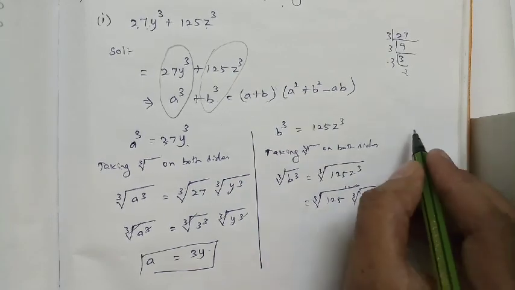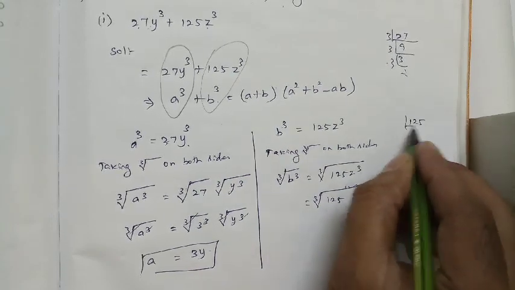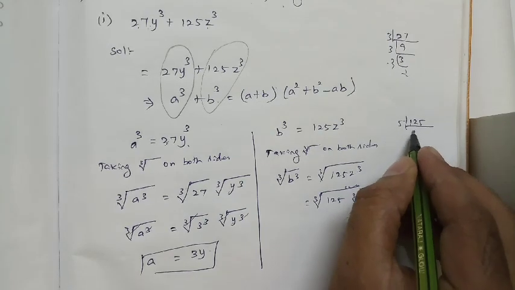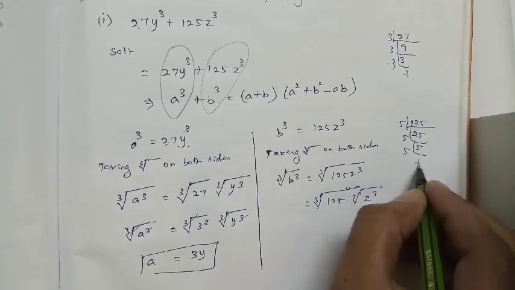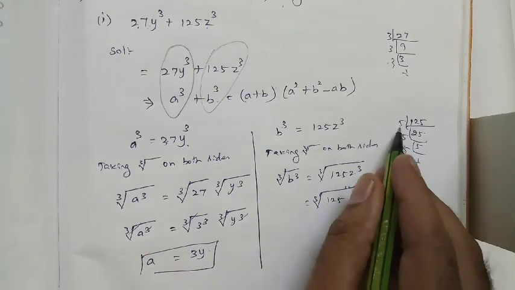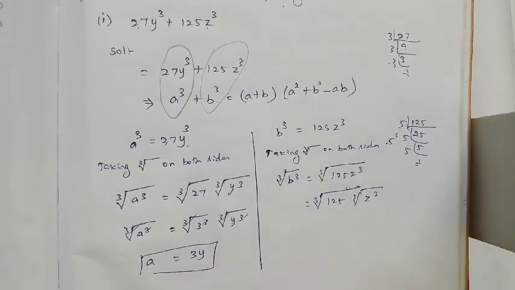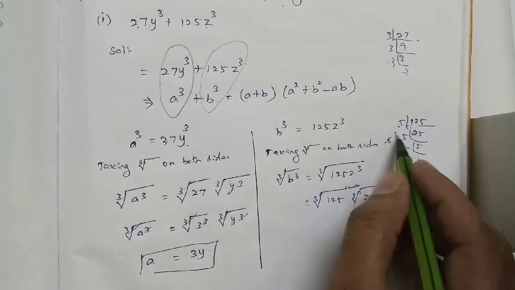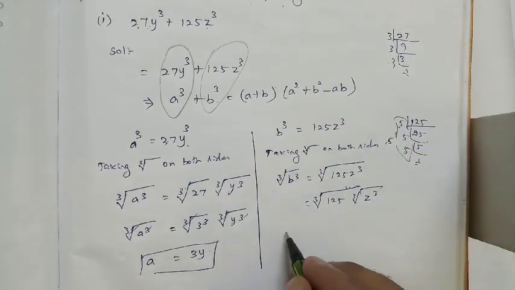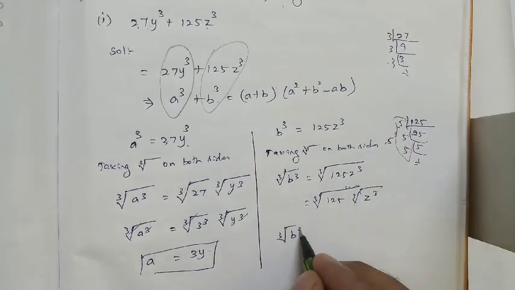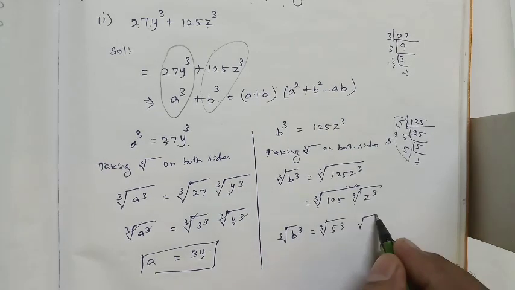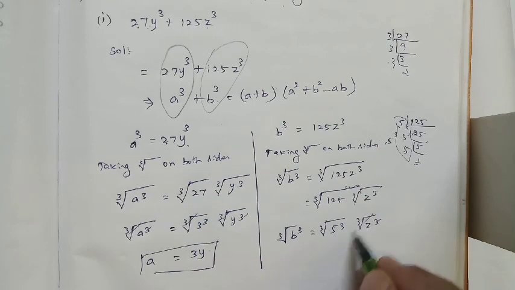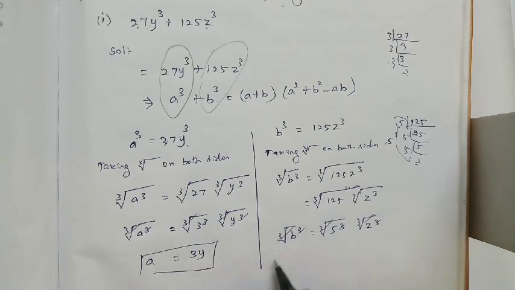Do the prime factorization of 125: 5 into 25, 5 into 5, so this is nothing but 5 into 5 into 5, that is 5 cube. So the cube root of b cube is equal to the cube root of 5 cube into the cube root of z cube. The cube roots cancel.